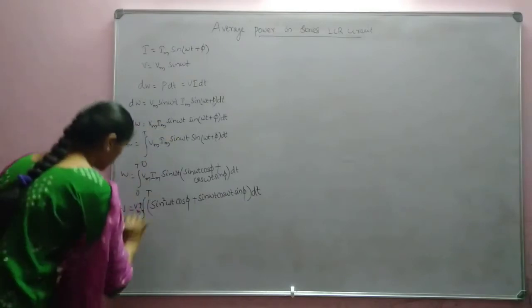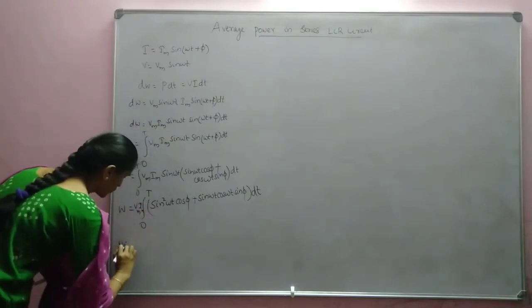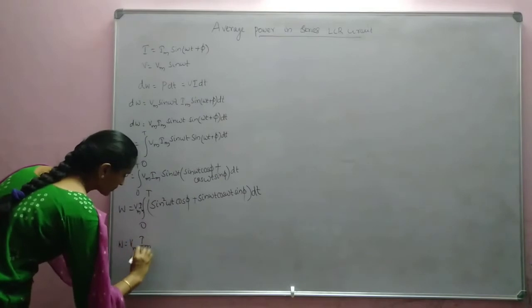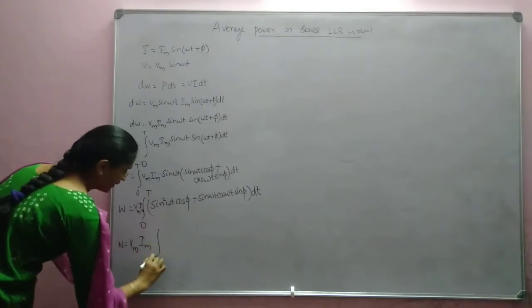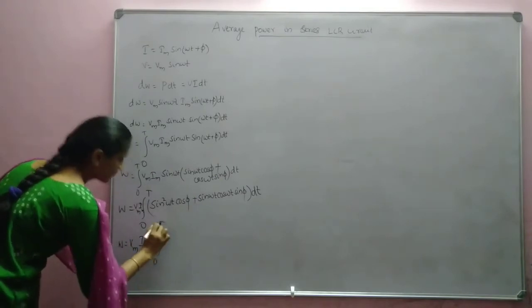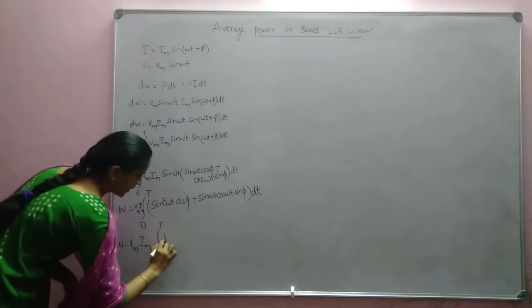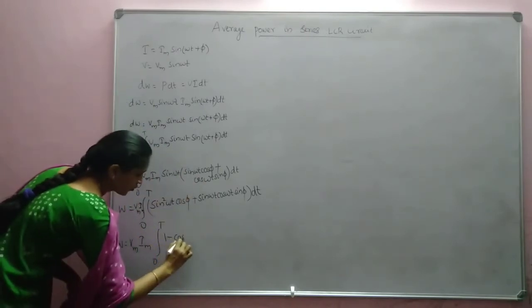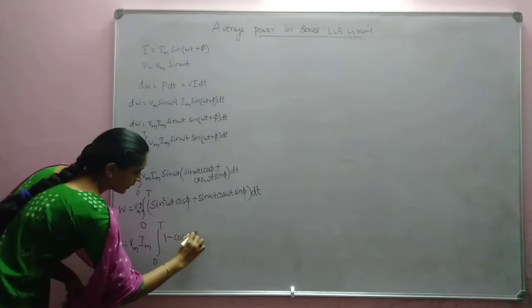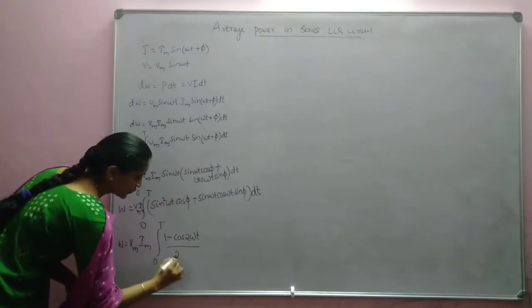Okay. So we can write W is equal to Vm Im integral 0 to t, 1 minus cos 2 omega t by 2, cos phi, plus sin 2 omega t by 2, sin phi, dt.